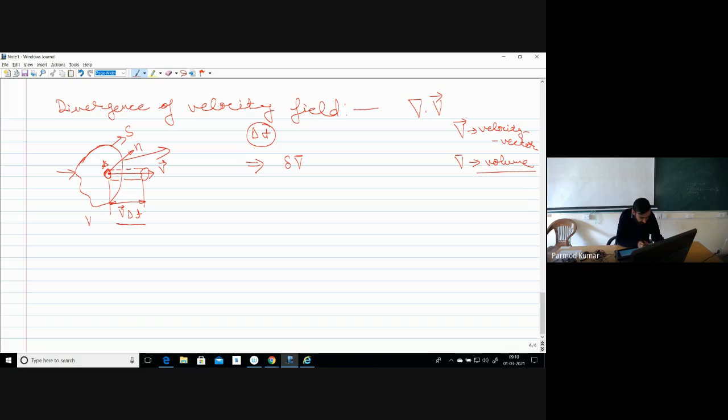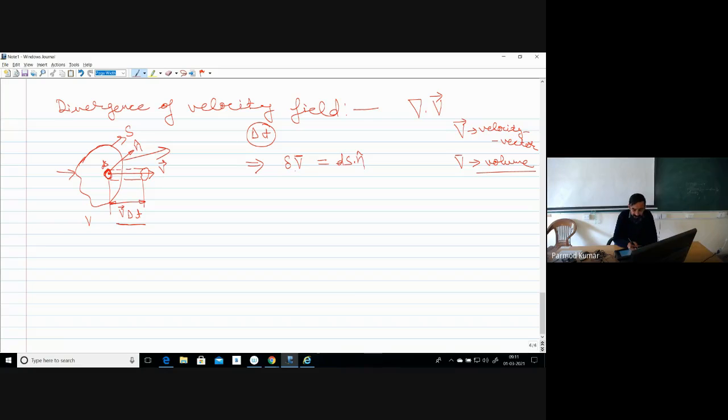You can see the control surface has area dS, so dS is the area of the control surface, and its normal vector I am writing as n cap. N cap represents the normal vector. And V was its velocity, and we are finding its motion through time delta t. So this much distance it will cover, V into delta t.